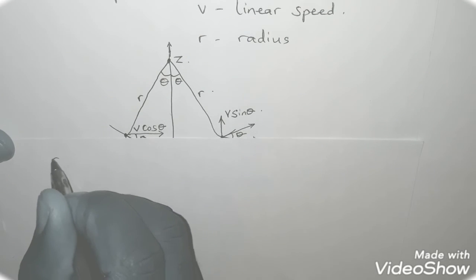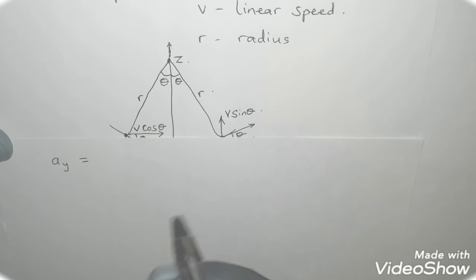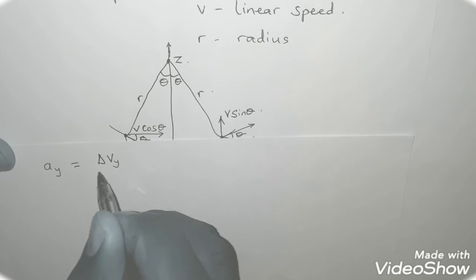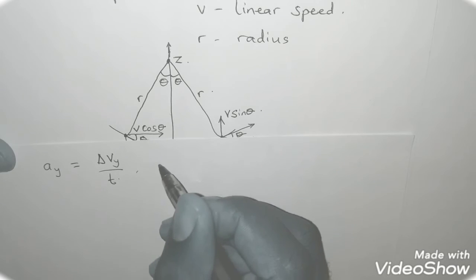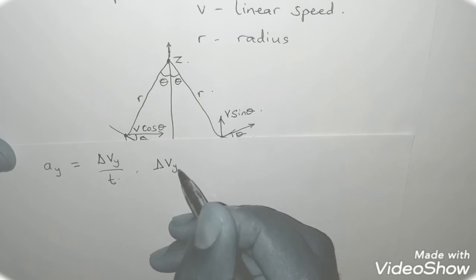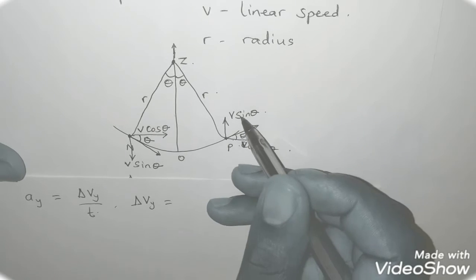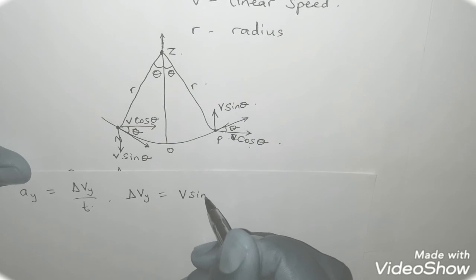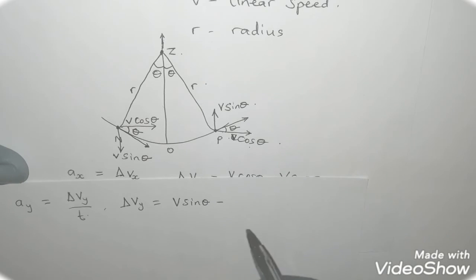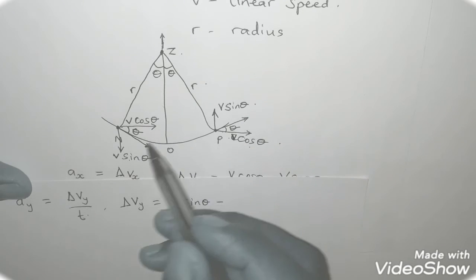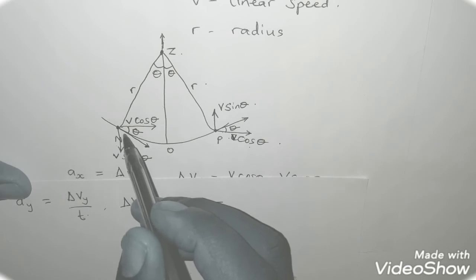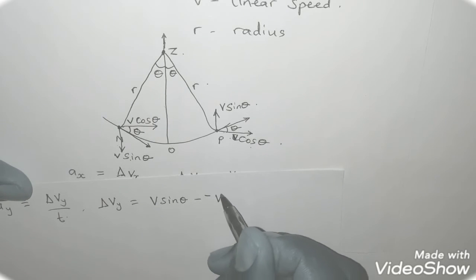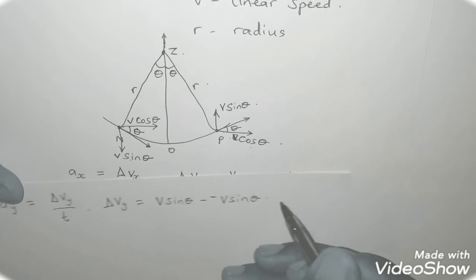If we take the vertical component of the acceleration to be the change in the vertical velocity over time, but the change in the vertical velocity is the final velocity at point P, which is v sine theta, minus, we should take note of the direction, minus the vertical component at point N. So this is minus v sine theta.